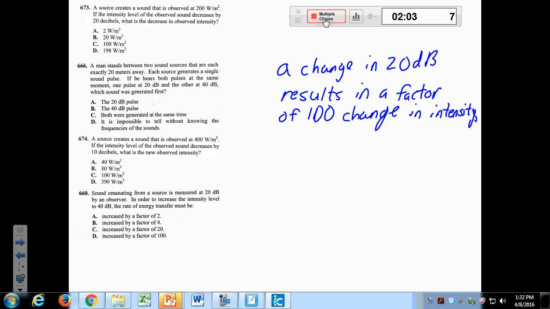If I'm dropping down to 2, what is going to be the decrease in the observed intensity? A few of you have it. 198. It goes from 200 to 2, and so that's going to give us 198.